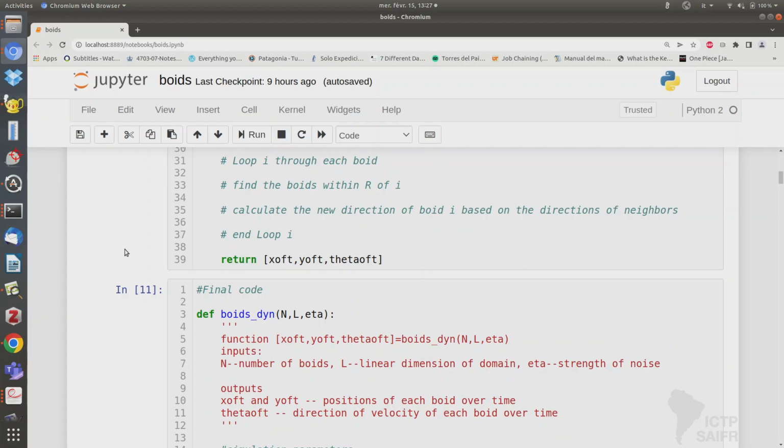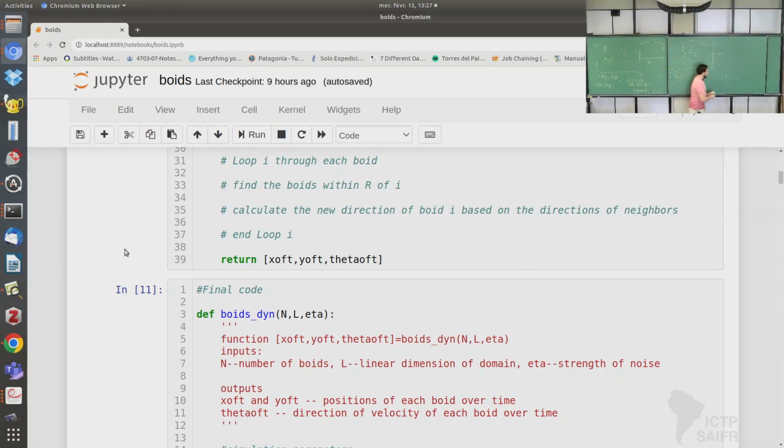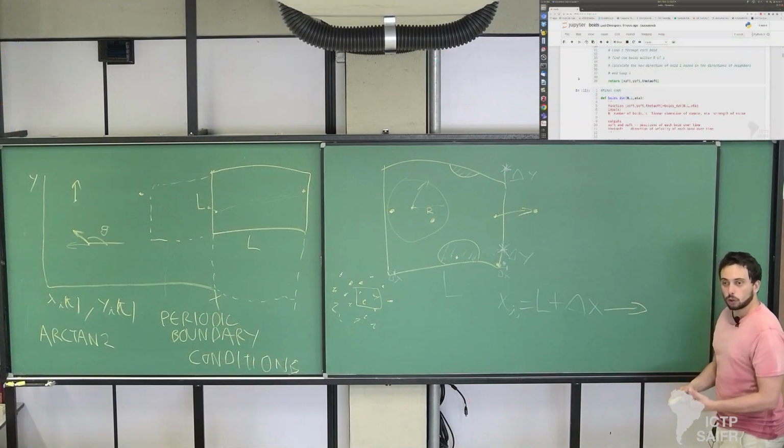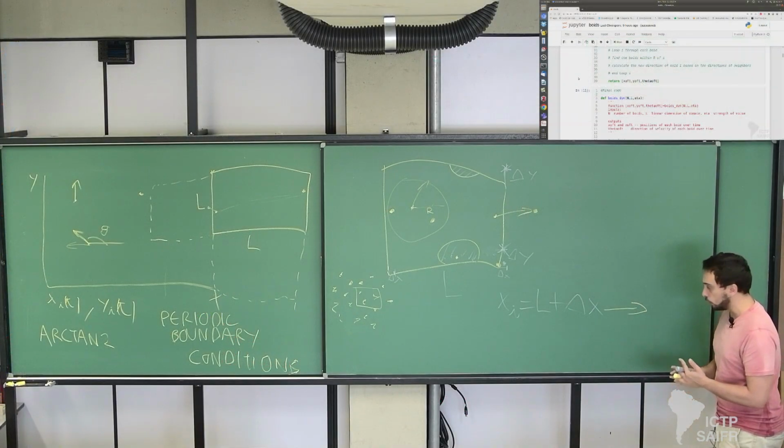So if you have a dimension L, and if your xi is equal to L plus delta x, this means that in your code you need to consider that the position is delta x.